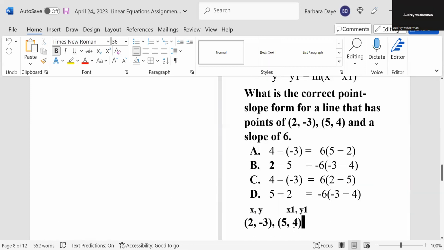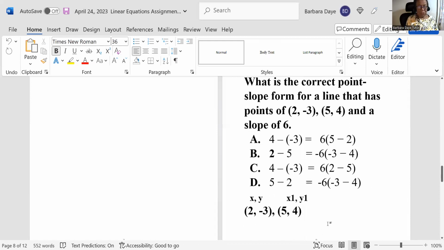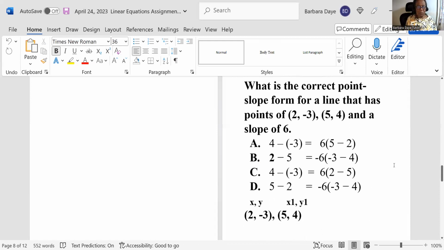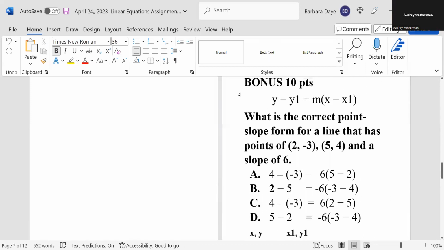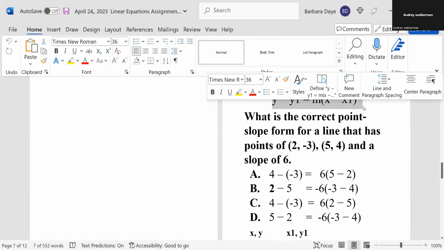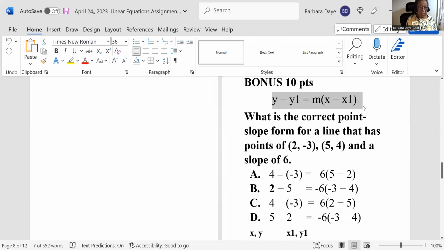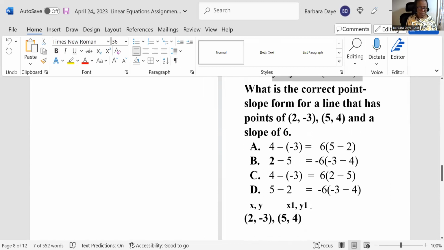Then it's a matter of substituting in the formula. Substitute those values. We know the slope is 6, because that's what we were told.